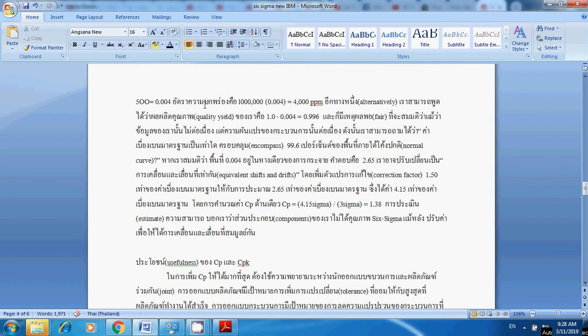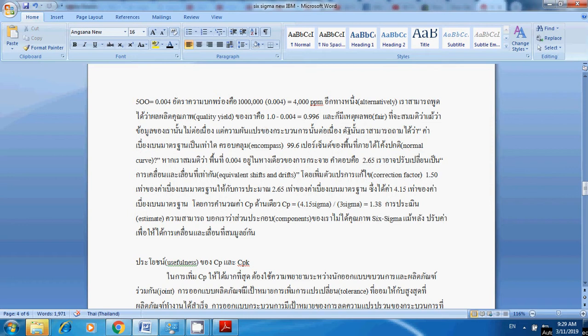To express the defect rate in ppm, you multiply by 1 million, which gives you 4,000 ppm. Alternatively, we can say that the quality yield is 1.0 minus 0.004, or 0.996, and it's fair enough to assume that even though our data is not continuous, the variation of the process is continuous.